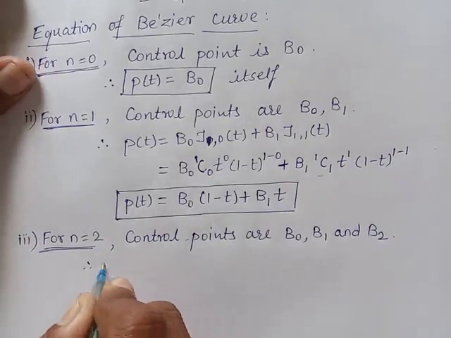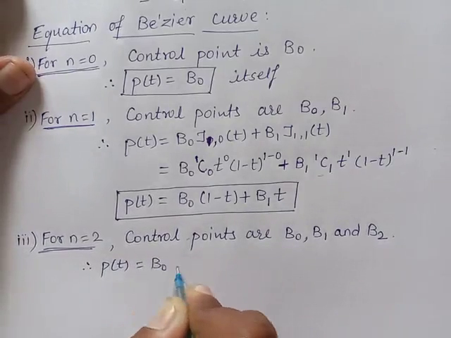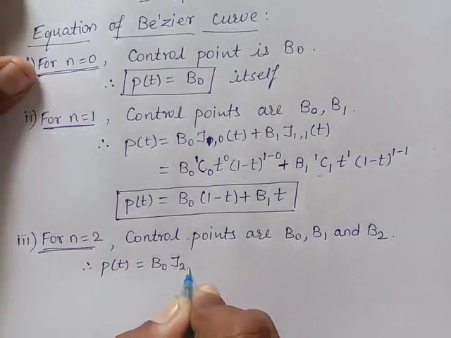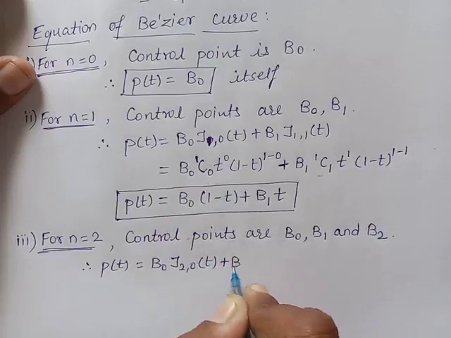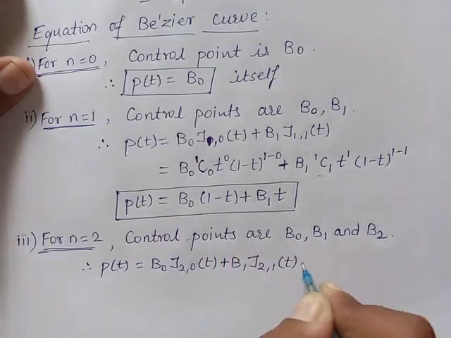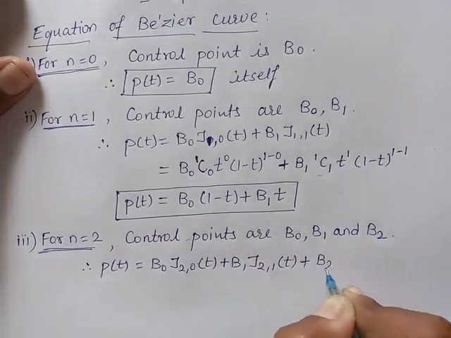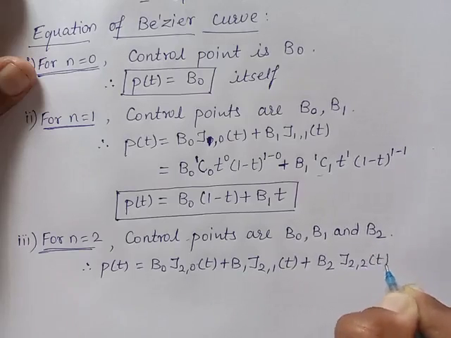Therefore P of t is B0 J2,0 of t plus B1 J2,1 of t plus B2 J2,2 of t.